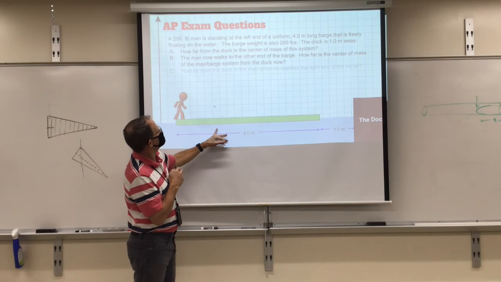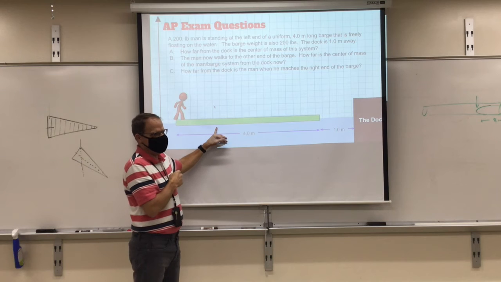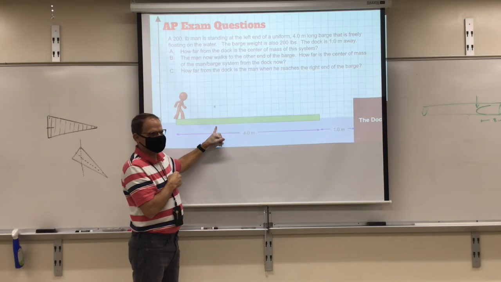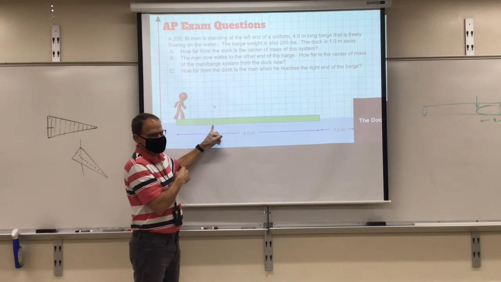So, question C. How far from the dock is the man when he reaches the other end of the barge? The center of mass is still going to be here, but the dude's going to be on the other side of the barge, right?